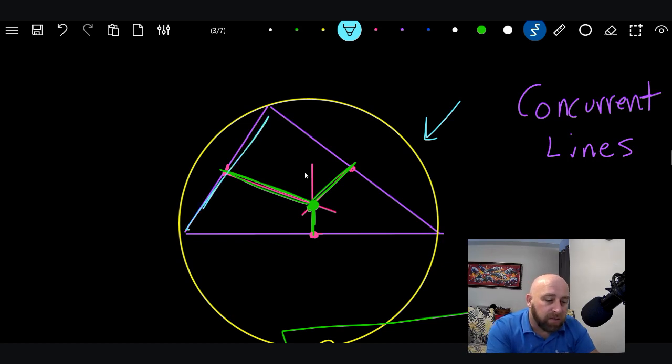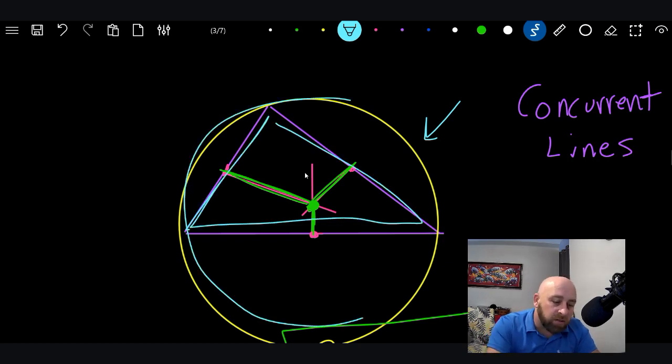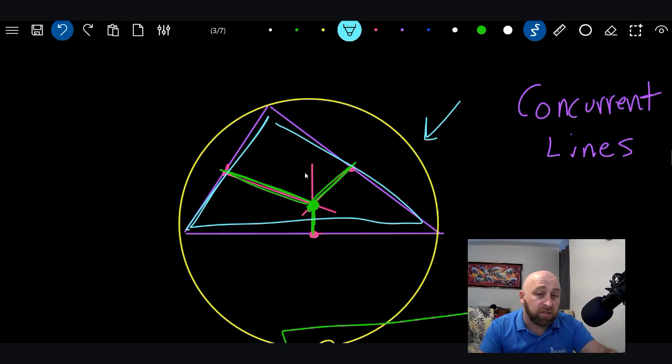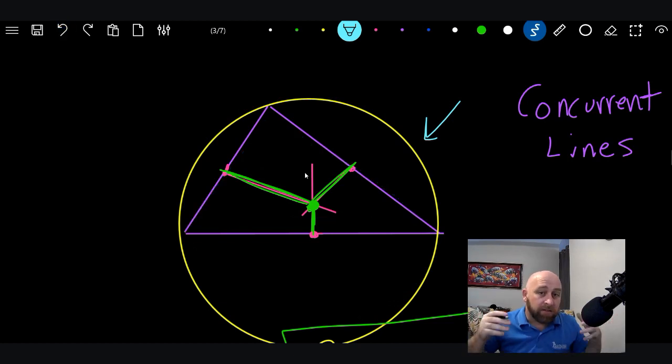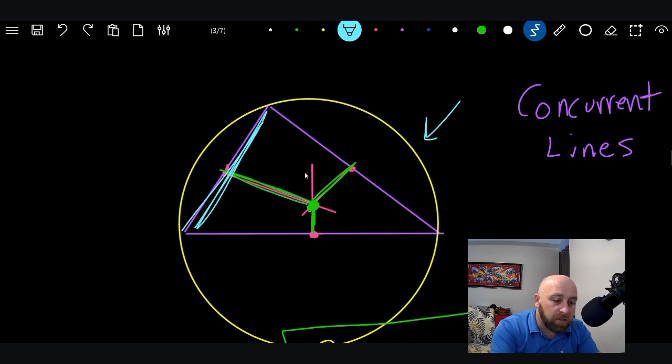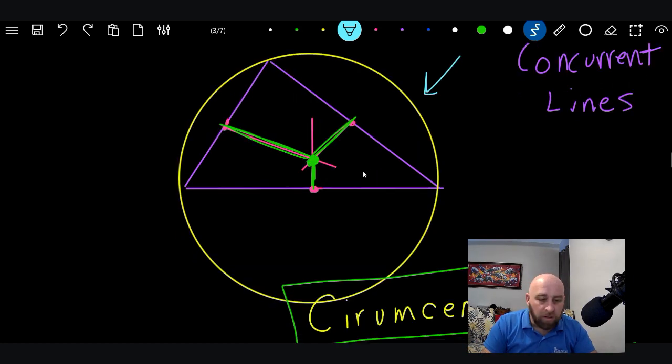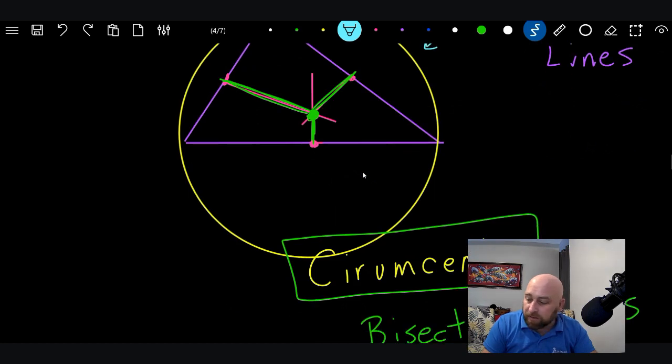In other words, the triangle was there and then we circumscribed, or put the circle, on the outside. So the circle on the outside is circumscribed, and the triangle on the inside is inscribed. Inscribed inside, circumscribed on the outside. And that is the circumcenter.